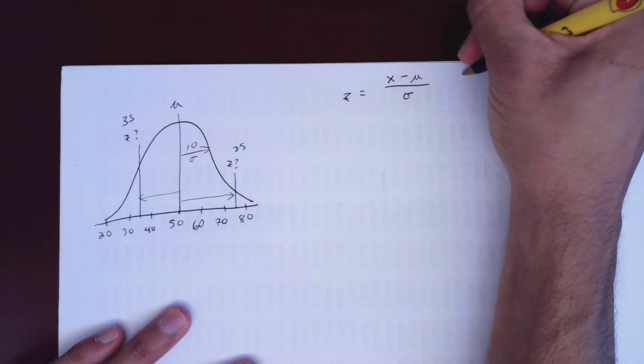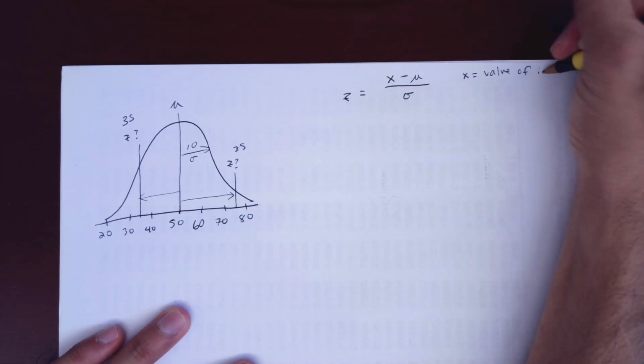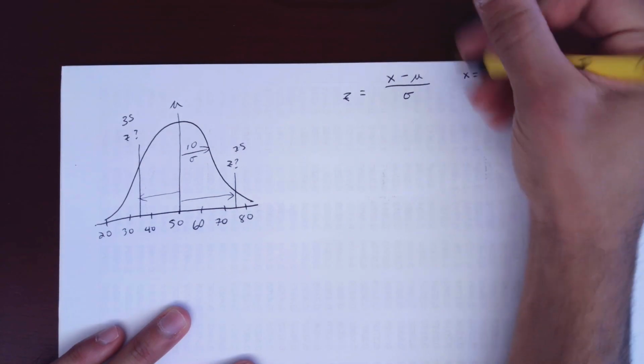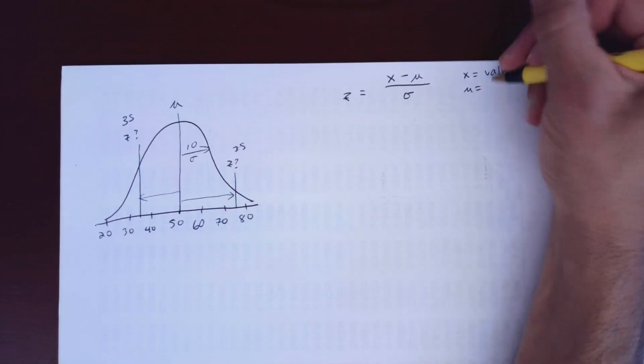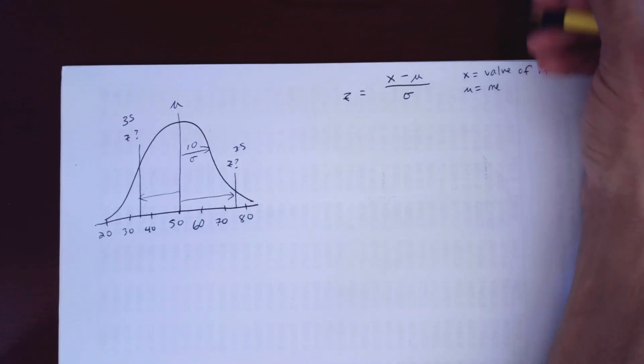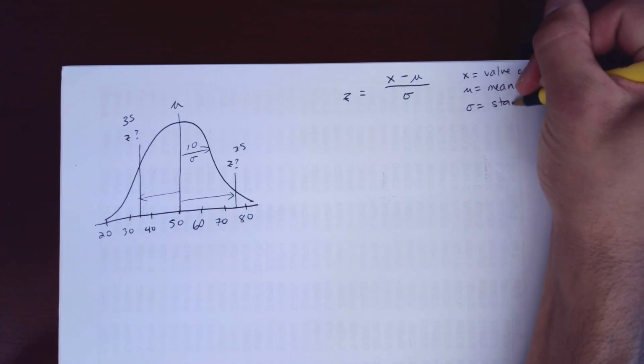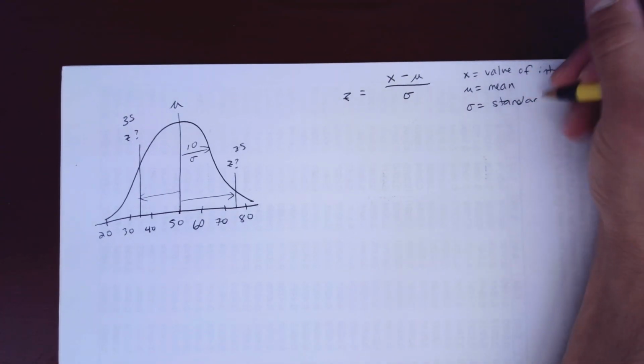So I'll write these things out as well. So x is our value of interest, mu is our mean of our standard probability distribution or normal distribution, and sigma is our standard deviation of our normal distribution.